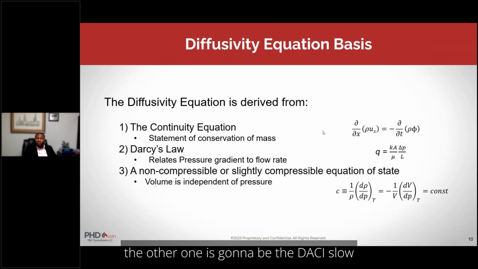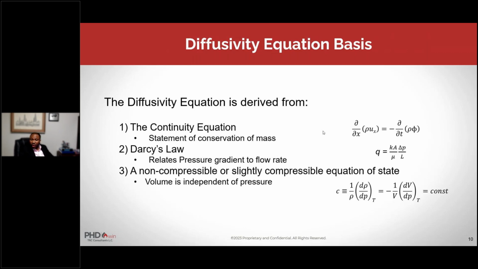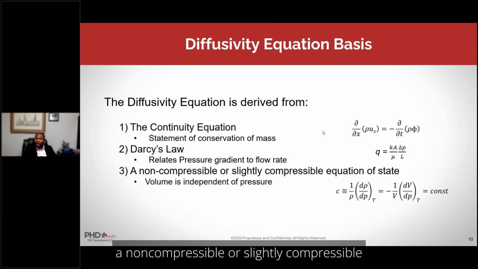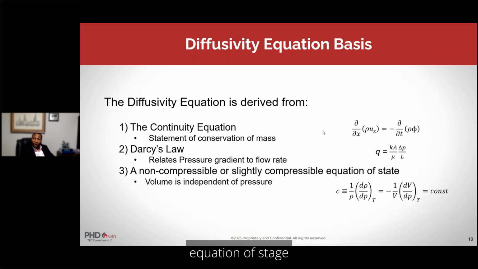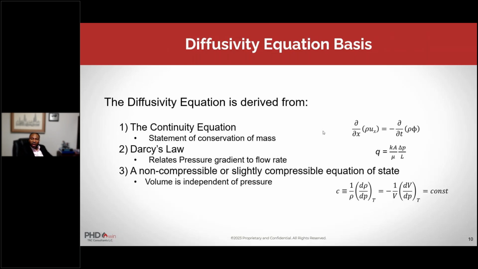The other one is Darcy's law, which relates pressure gradient to the flow rate. And finally, a non-compressible or slightly compressible equation of state, which pretty much states that volume is independent of pressure in this specific situation.